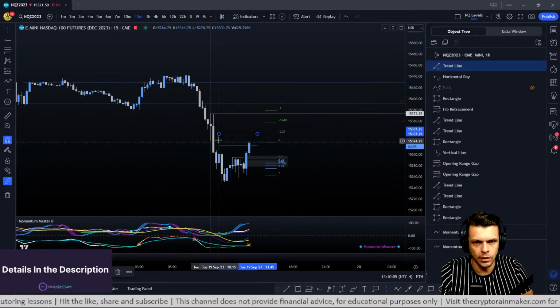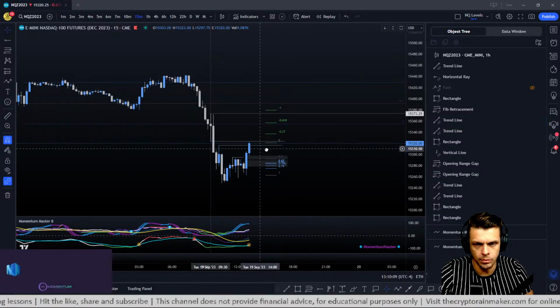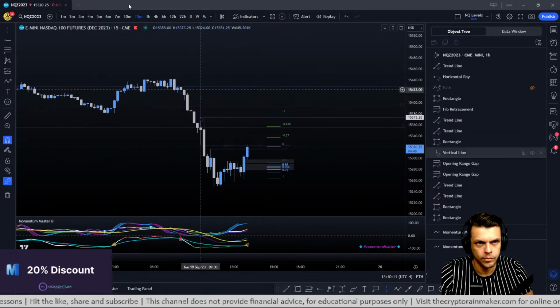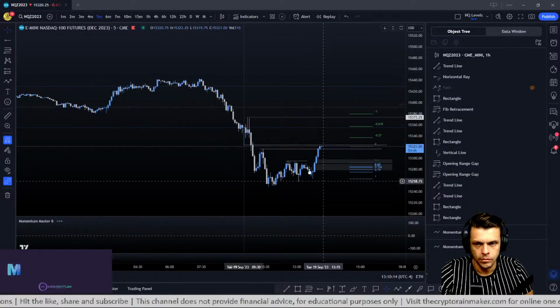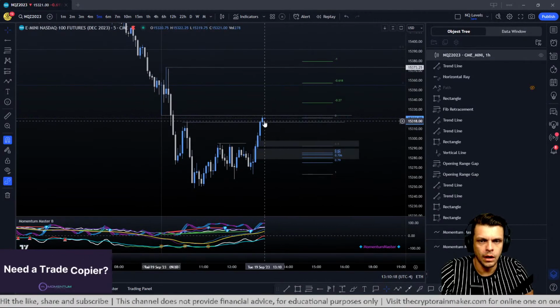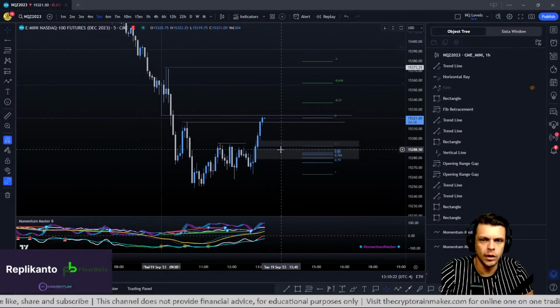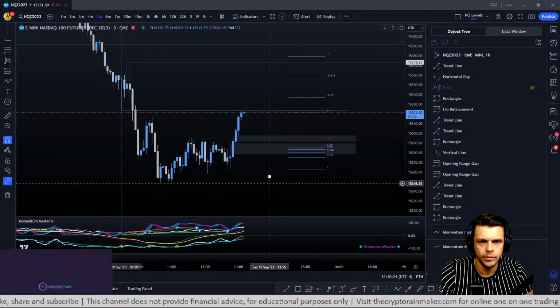Just have to be aware of this little, this could act as resistance, but this might just be the temporary high for the retrace into this area before we continue to the upside.